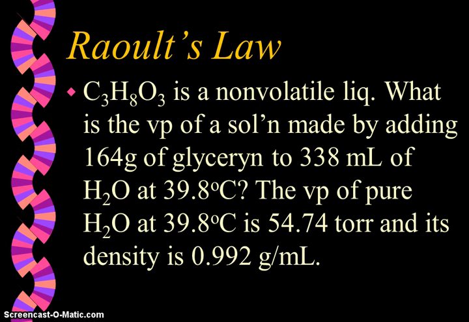And it tells us that the vapor pressure of pure water at 39.8 degrees Celsius is 54.74 torr, and the density of pure water at that temperature is 0.992 grams per milliliter.